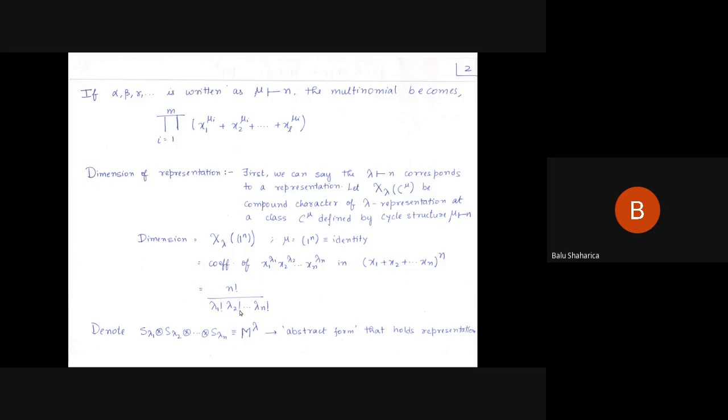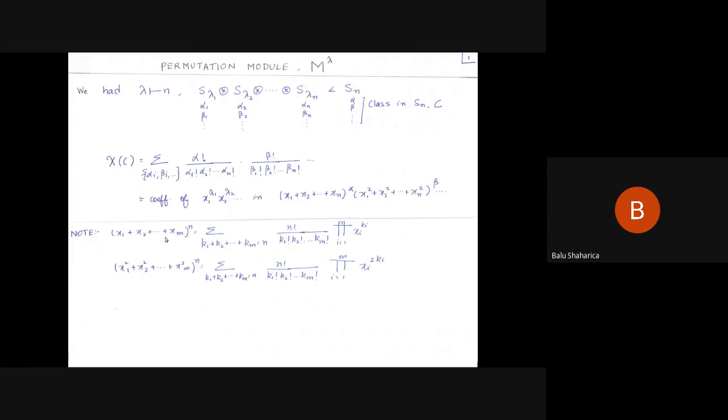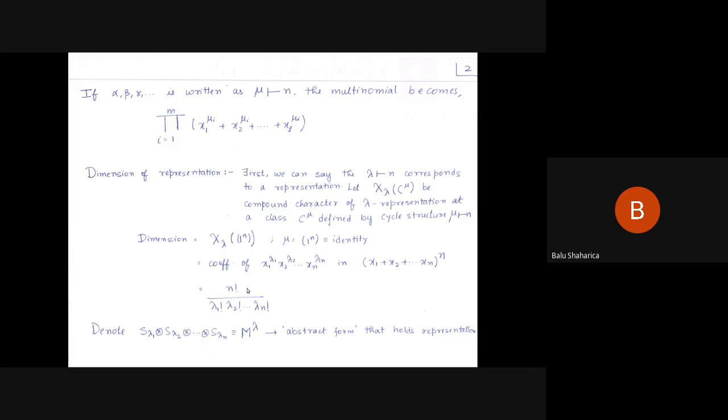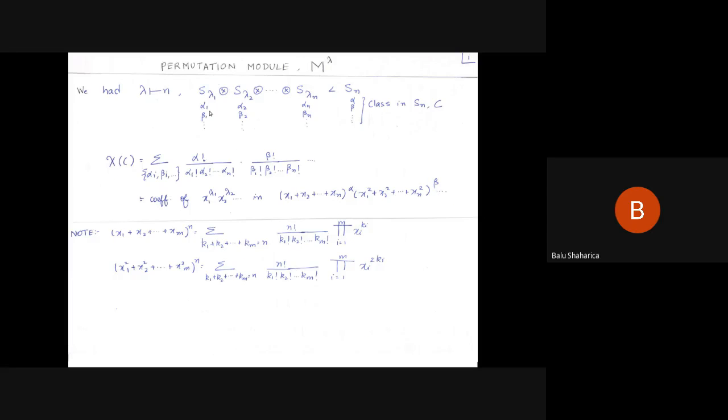So by just using this formula we will get the coefficient as this, and that also gives the motivation why we took this as the subgroup, why we started with S lambda 1 cross S lambda 2 and so on.